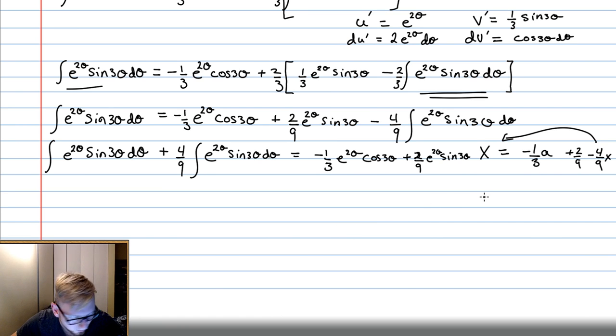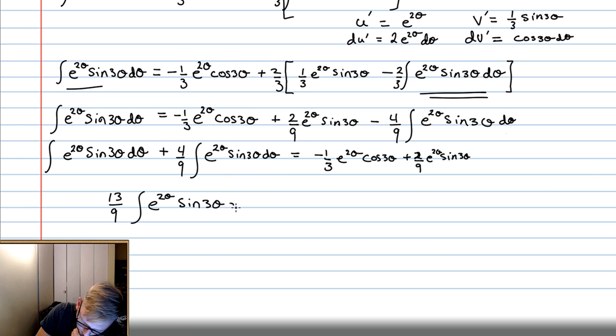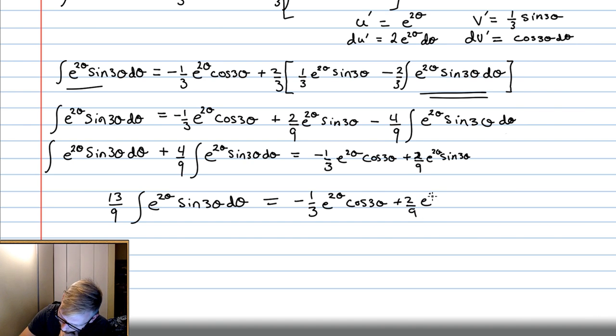And now I'm going to get rid of this just for clerical reasons. So we add them together. So 1 is the same as 9 over 9. 9 plus 4 is 13. So we've got 13 over 9 times the integral of e to the 2 theta sine 3 theta d theta is equal to negative 1/3 e to the 2 theta cos of 3 theta plus 2 over 9 e to the 2 theta sine 3 theta.